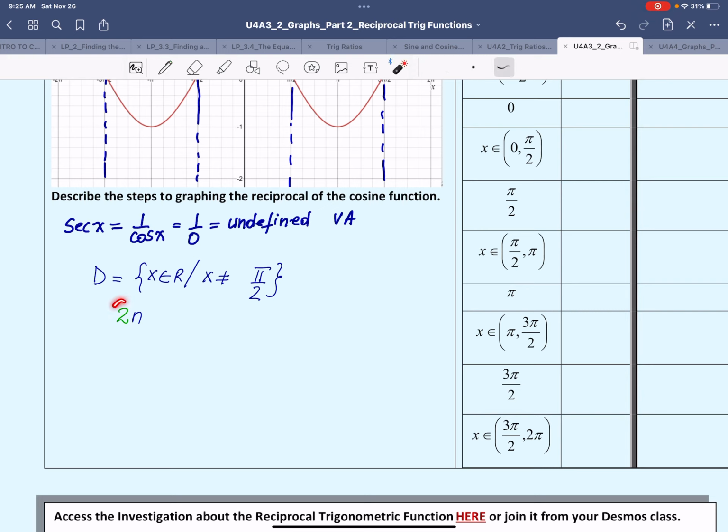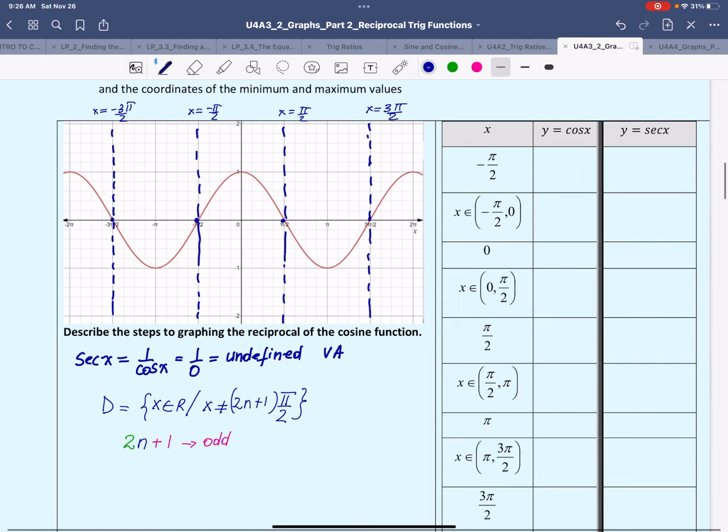Now we know for sure that 2n is an even number. And to give this number an odd value, we add 1, the smallest odd number. So 2n plus 1 is representative of an odd number, and 2n is representative of an even number, obviously. So in other words, we are going to write the domain in a fancier way: this would be 2n plus 1 times pi over 2.